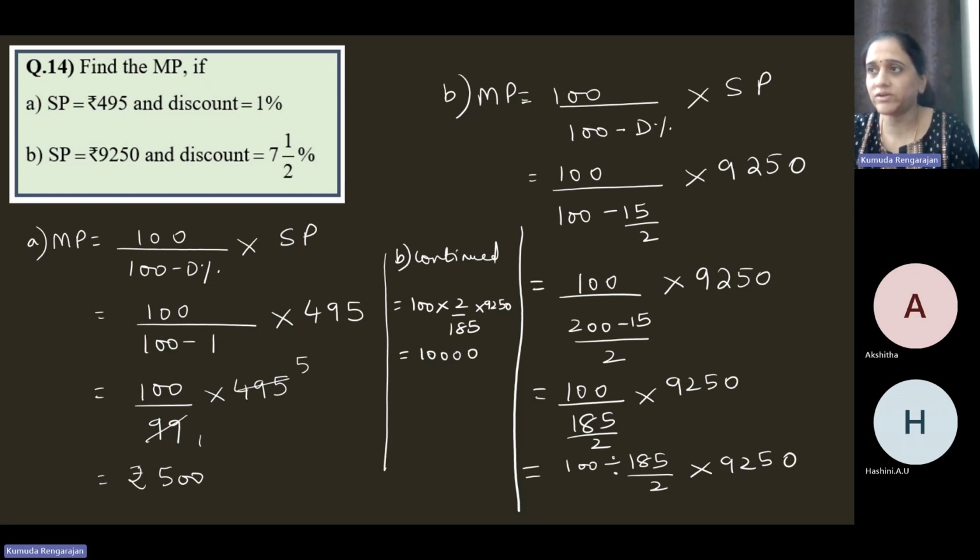100 is a numerator. The rest of it is a denominator, right? So, see the numerator 100 I've written here, divided by 185 by 2 into 9250. So this is equal to 100 into, division changes to multiplication, and 185 by 2 reciprocal, 2 by 185, into 9250. On simplifying, you get 10,000. You can simplify 185 and 9250. It goes 50 times. 50 into 200 and 100 into 100 is 10,000.